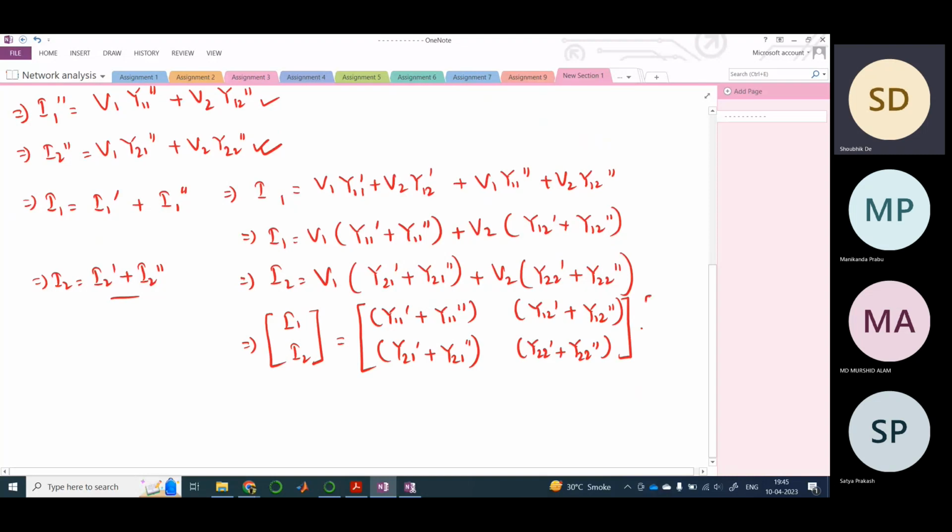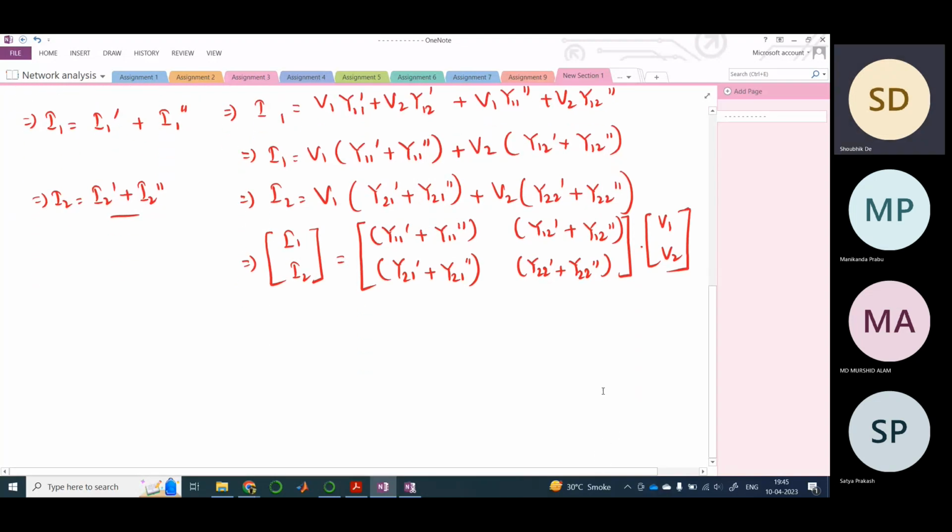And here we have V1 and V2, right? So this is our net Y equation, the Y matrix.